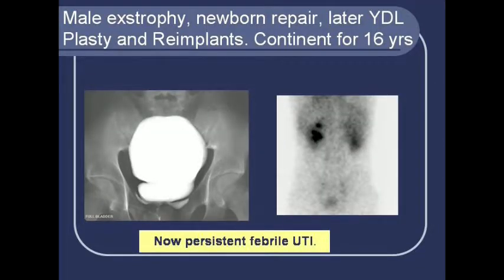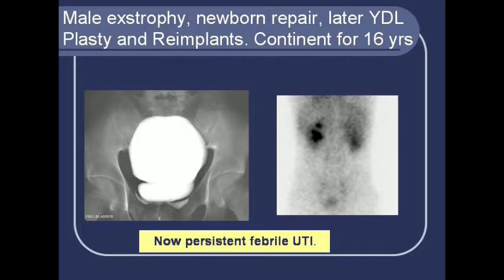Another child, a male child with exstrophy, is one of the earliest newborn repairs I did a long time back. And later he had a Young-Dees-Leadbetter plasty and bladder reimplants, and he was continent for 16 years, one of the few patients who developed long-term continence. But now he came with persistent febrile urinary infection.